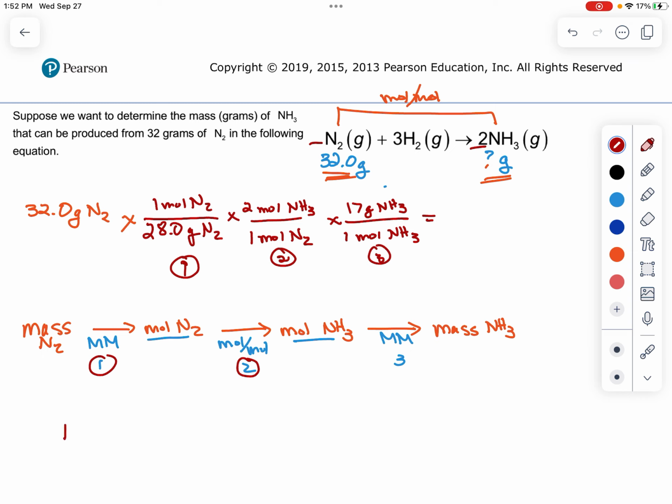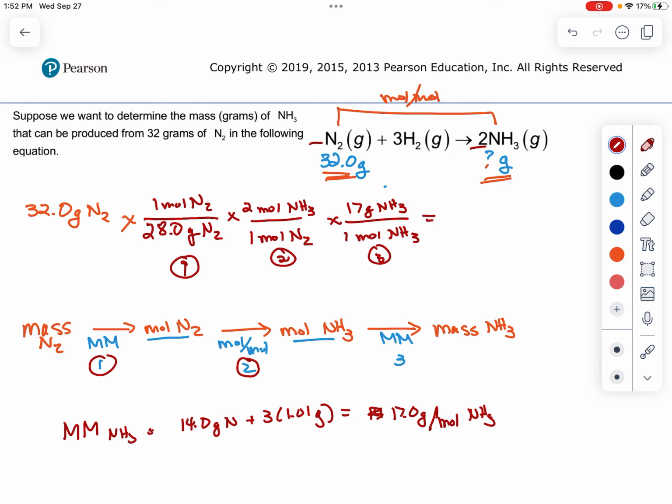Just as a reminder, to calculate the molar mass of ammonia, it's going to be the mass of the individual atoms. So it will be 14.0 grams for nitrogen plus 3 times 1.01 grams for hydrogen. And that will give me 17.0 grams per mole of ammonia.